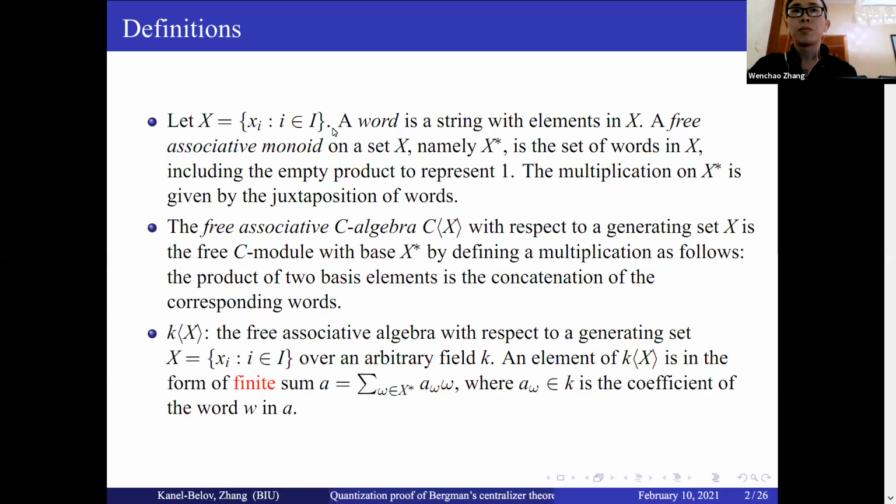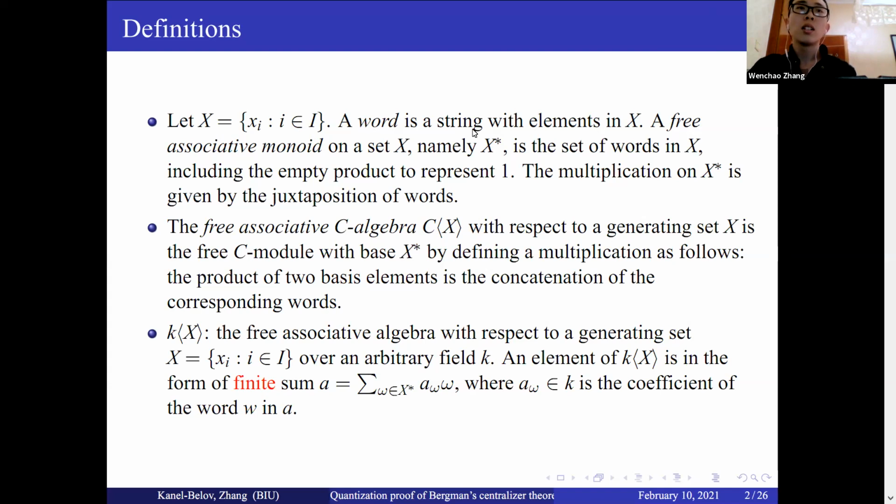and the word is a string with the elements in X. Like English, we have an alphabet with 26 letters, and any other words can be combined from this alphabet.